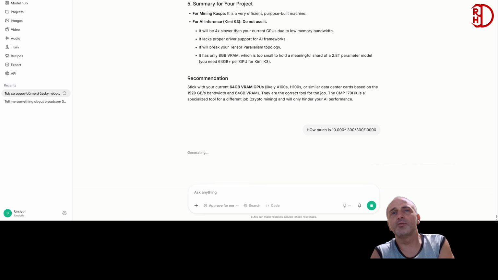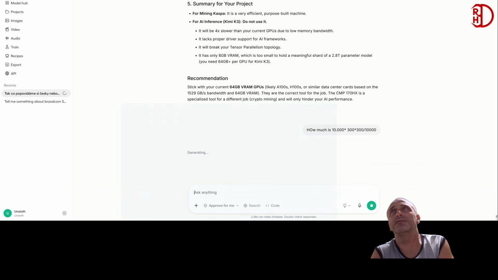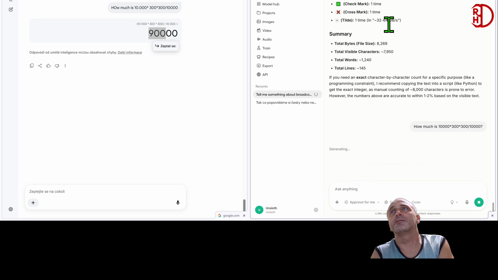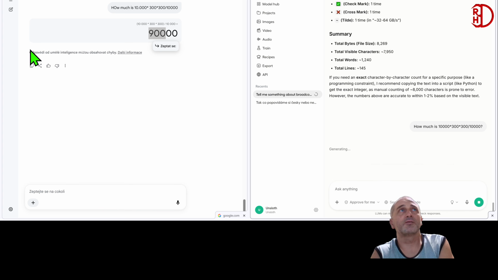Is this GPU doing anything? Oh look, 100%. Crazy. Yeah, that's very bad. That's so bad. Oh man. I think it is a very simple question. What do you think? I think also this model, oh man.